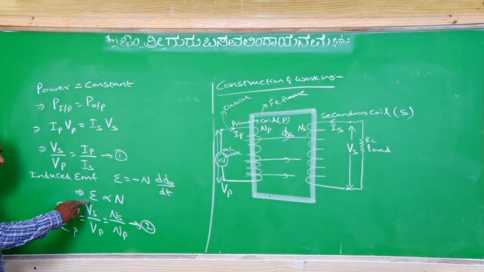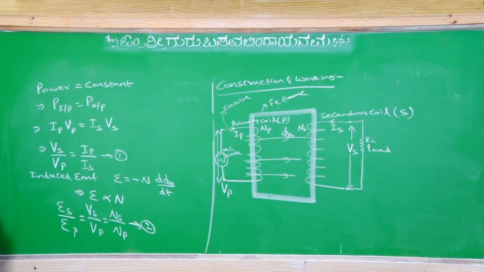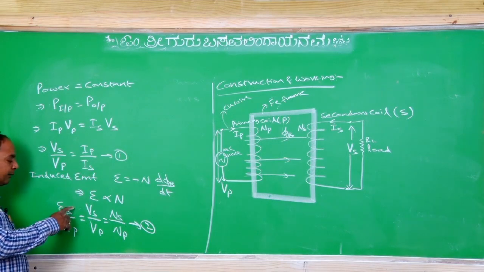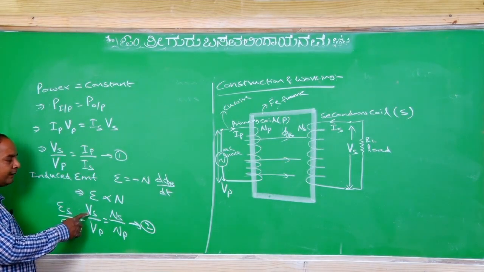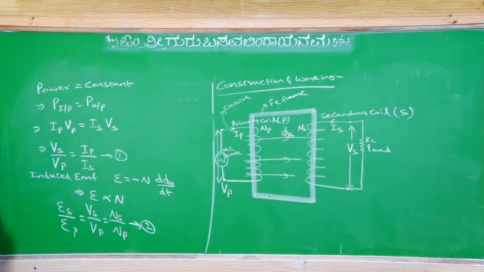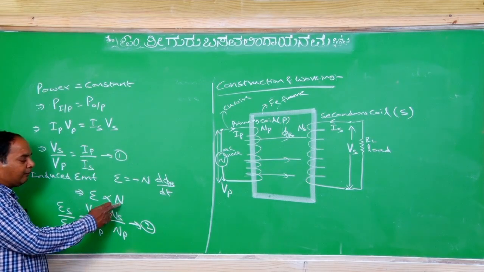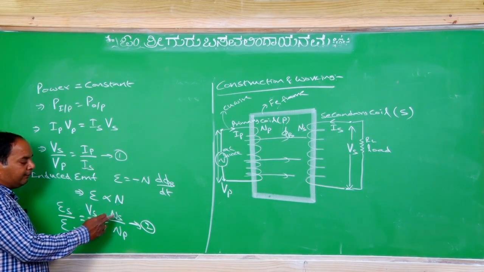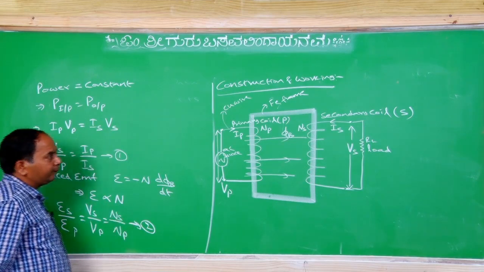Here, according to this, the induced EMF is directly proportional to N. If the induced EMFs in the primary and secondary coils are EP and ES, then we may write ES by EP is equal to Vs by Vp. Why? In the diagram we represented those voltages as Vs and Vp. So Vs by Vp is equal to Ns by Np.